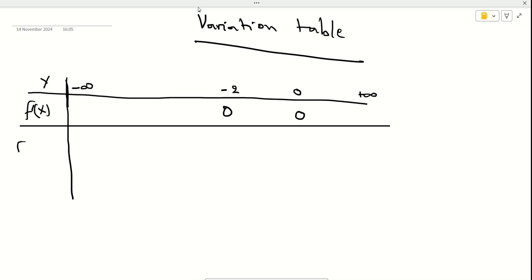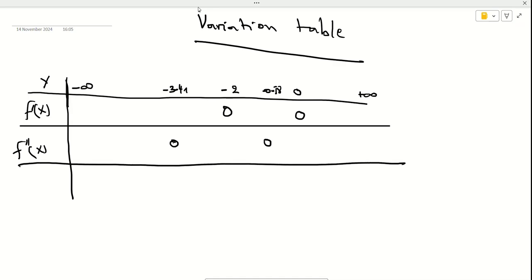And you also need the second derivative of this function, and the critical points we found are minus 3.41 and minus 0.58. So this is equal to 0 and 0 here. And what else do you need? You need also f of x. And then you need to study the sign.